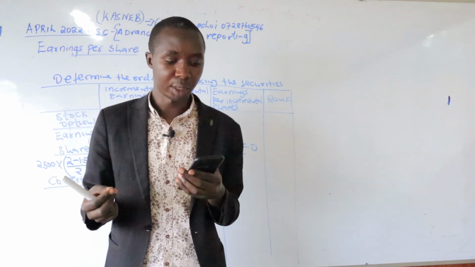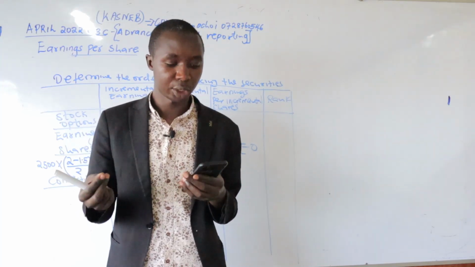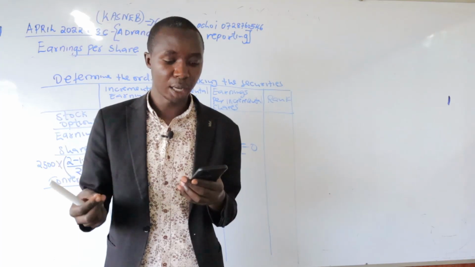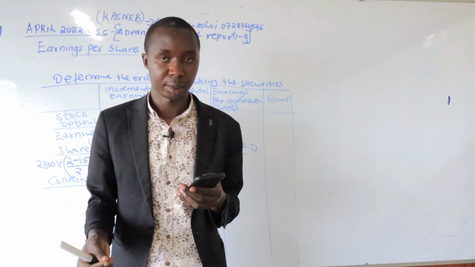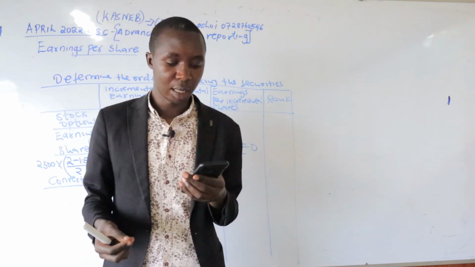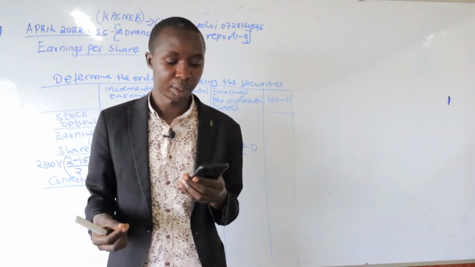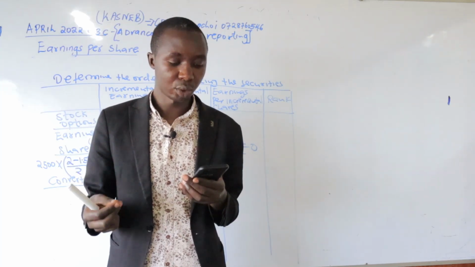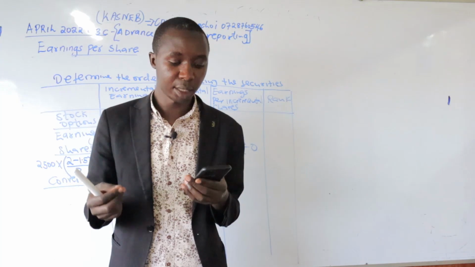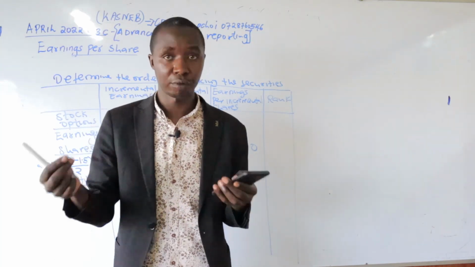So what are we supposed to do to the earnings and the shares? Adjustments are made to the earnings by adding interest, net of tax. Adjustments are also made to the shares by adding new shares that could have been issued on conversion.